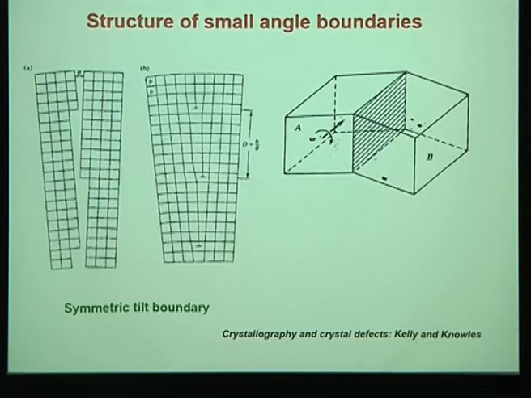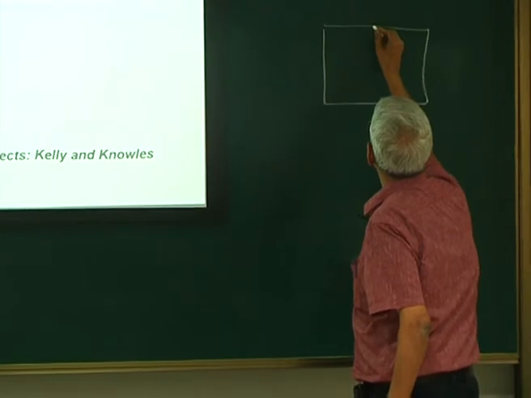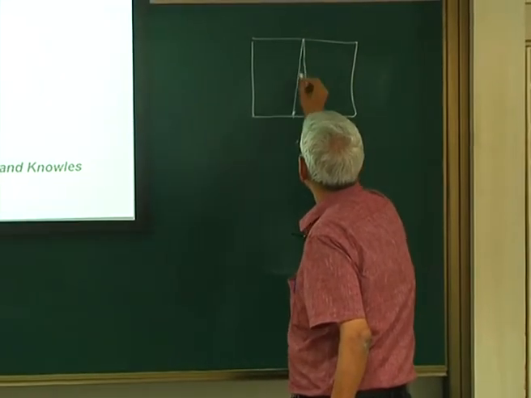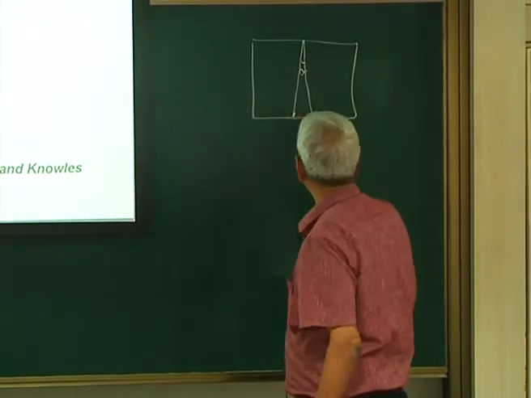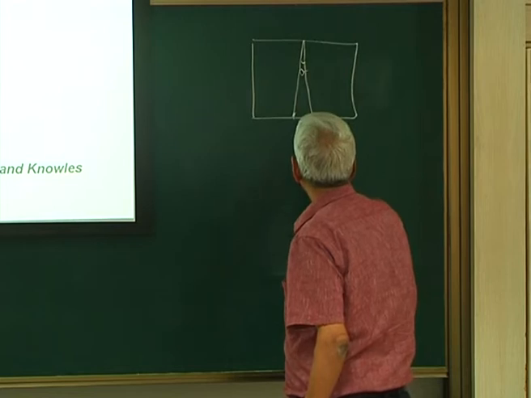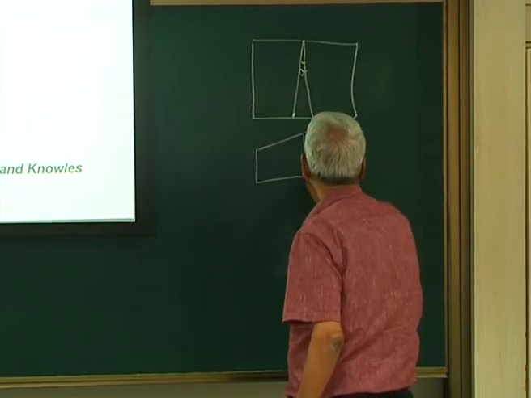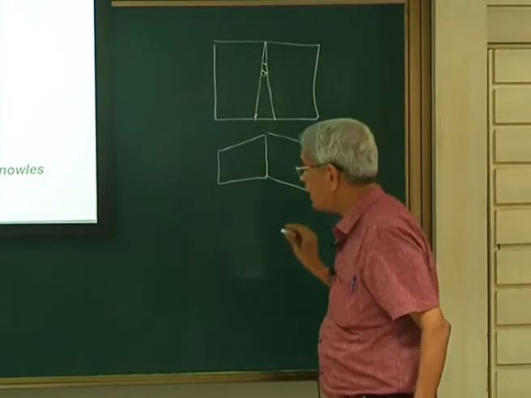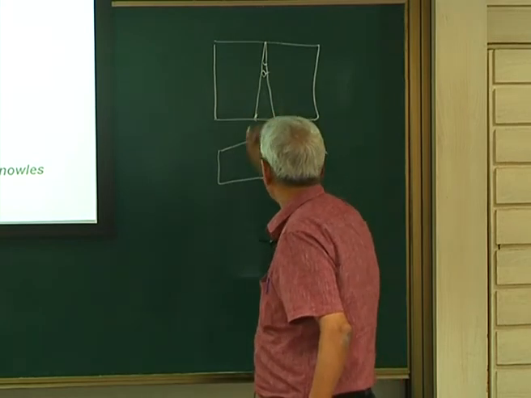Schematically, if we take a single crystal, cut out a small portion of it making a small angle theta, and then join these two together at this interface, we will have a boundary which comes like this, correct?